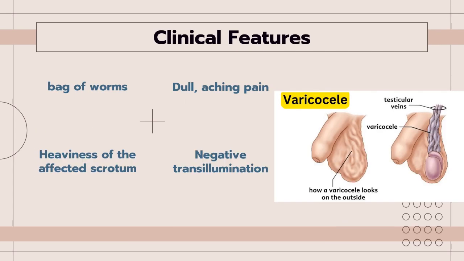Okay, so now we'll move to the clinical features: how does a patient with varicocele present, or what symptoms does he have? First of all, the bag of worms. Shown in this picture, the scrotum will look like a bag of worms, and the patient will have a dull aching pain on the side of the varicocele, in the hemiscrotum, typically on the left side, which will also be enlarged.